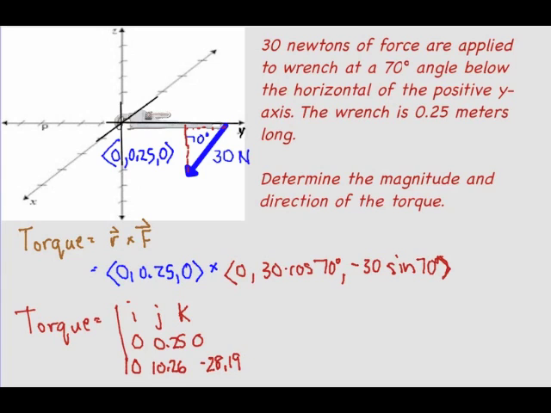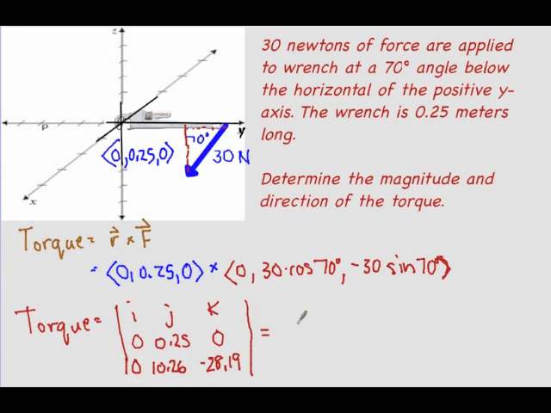Let me make this a little more readable. j, k, 0.25 and 0. All right, no problem.